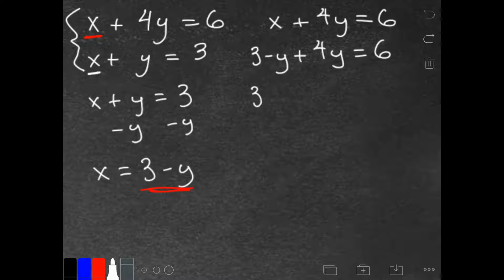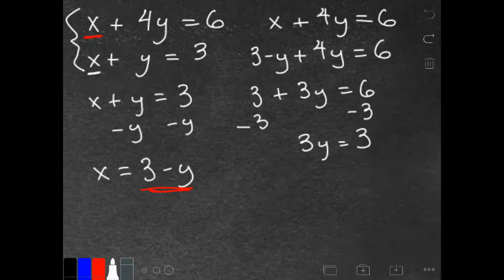Well, 3 is the only constant, so I'll rewrite that. But now I have a negative y plus 4y. Well, a negative y plus 4y is going to give me positive 3y equal to 6. Let's isolate the term with the variable, which is 3y. Let's subtract 3.